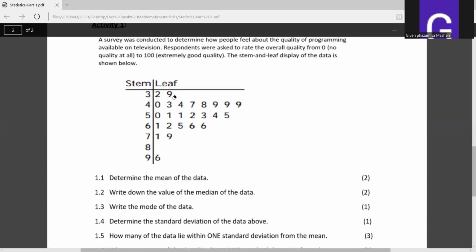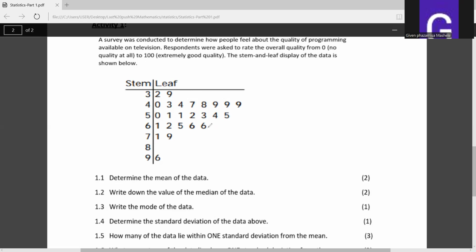The first one we have is 32, 39, 40, 43, 44, 47, 48, 49, 49, 49, 50, 51, 51, 51, and so on. Then the highest number is 96. When we look at this, we do not have 80 something.